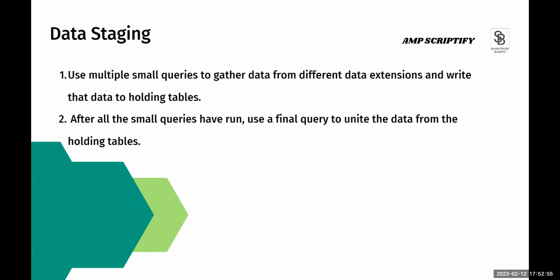Then you can have a final query where you bring all the data and put it into the holding tables, rather than having one query doing all this. This is one way you can optimize your Query Studio and Automation Studio for better performance.